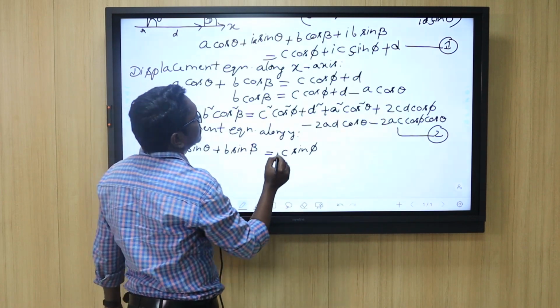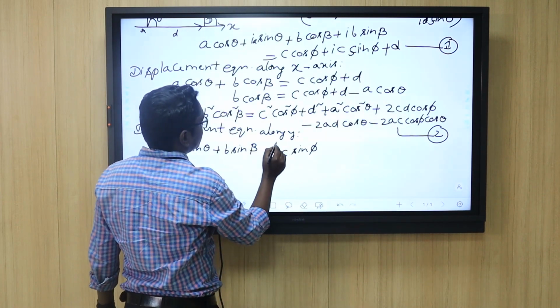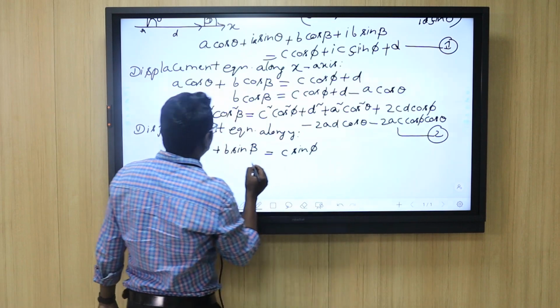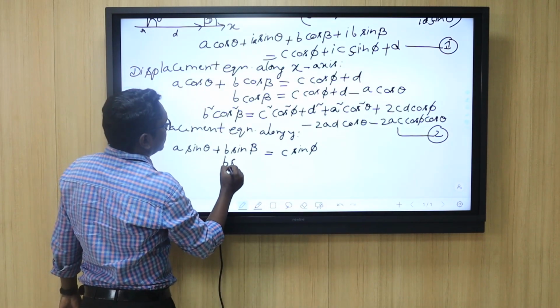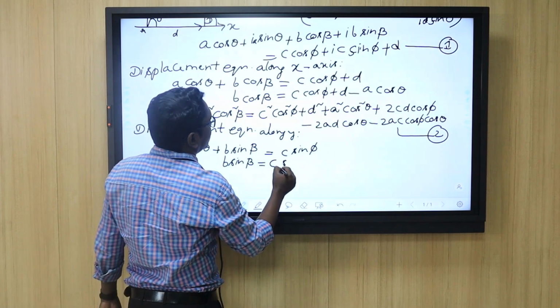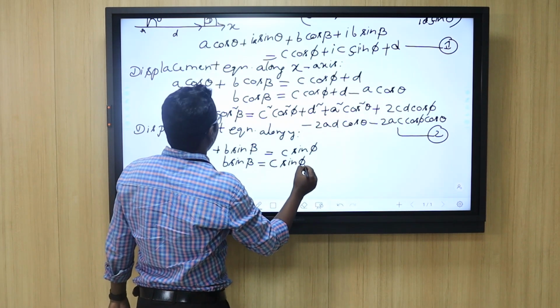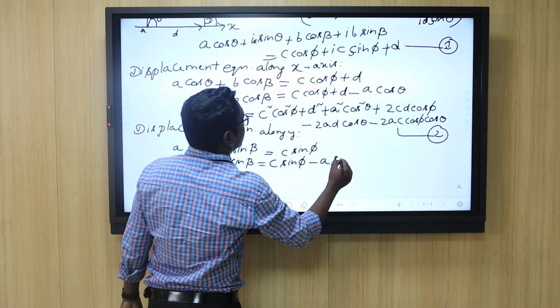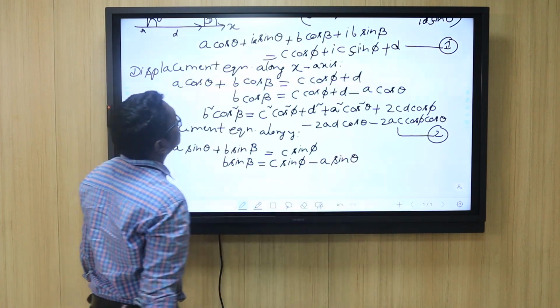So this is the displacement equation along the y direction. Now let us find b sin beta, that can be written as c sin phi minus a sin theta.